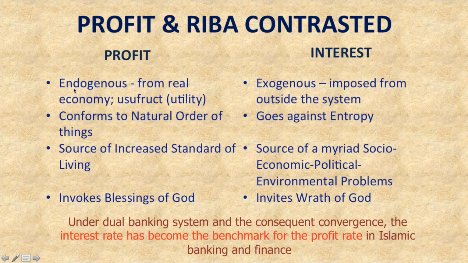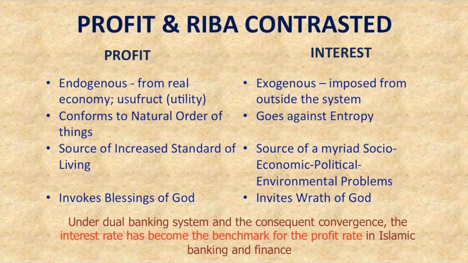Next, profit is endogenous, which means it is determined within the real economy. Whereas interest is exogenous, it is imposed from outside the system. And profit conforms to natural order of things, whereas interest goes against entropy.